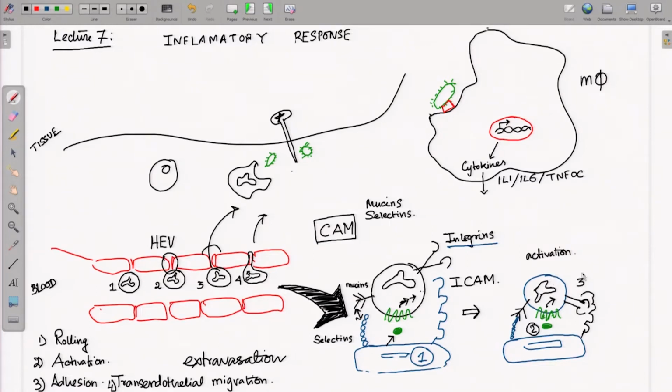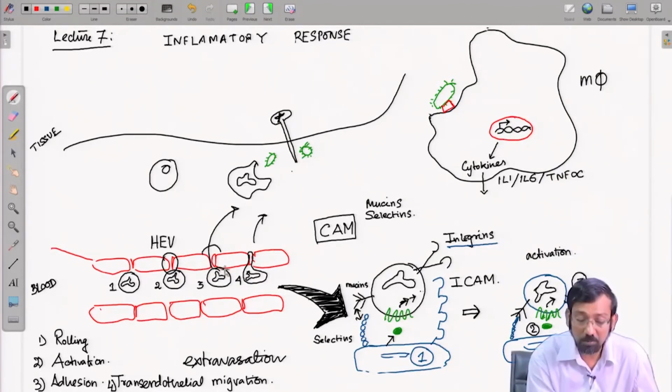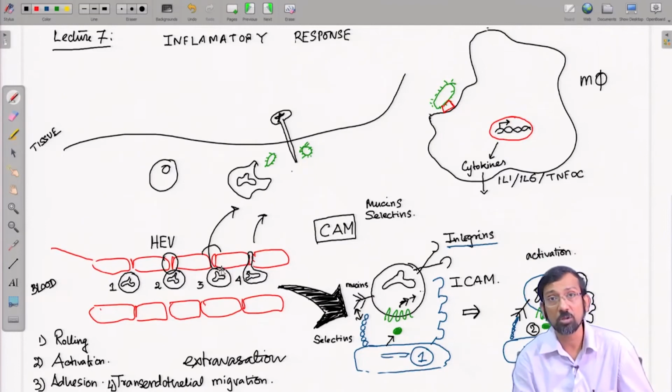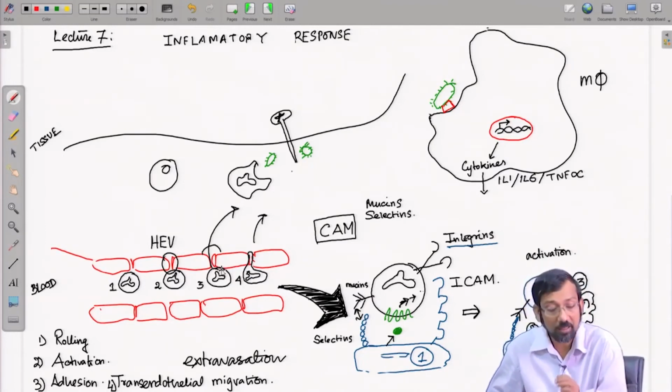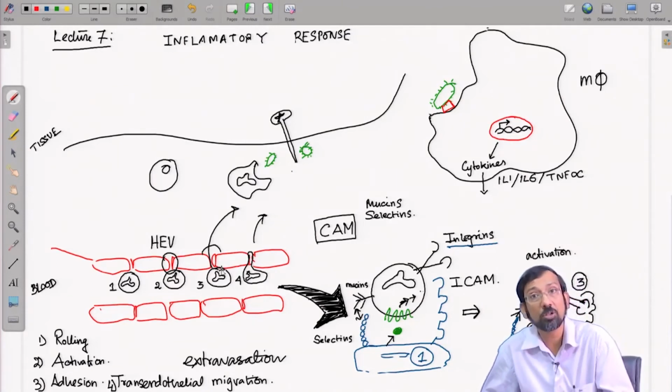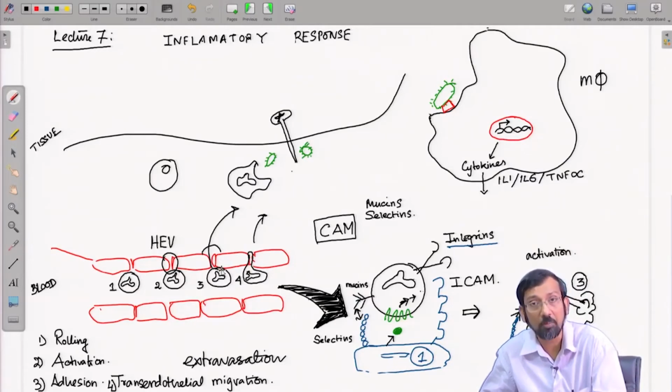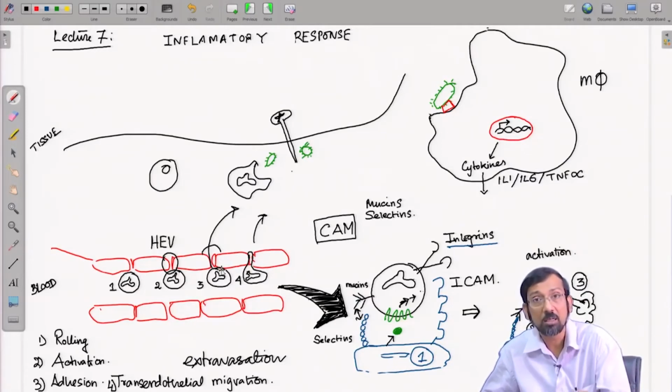And now the cells adhere more firmly to these endothelial cells. So, this is step 3, and then the high endothelial venules are opened up, and then there is transendothelial migration.